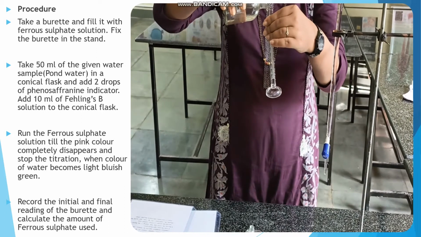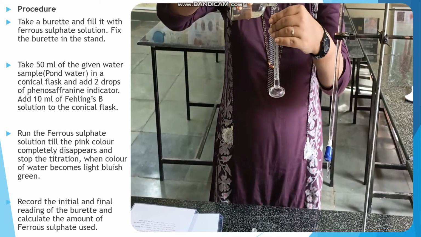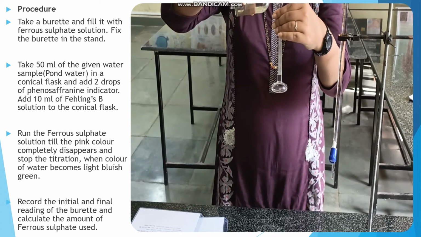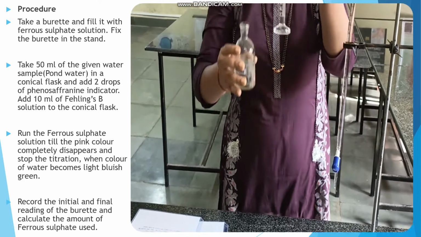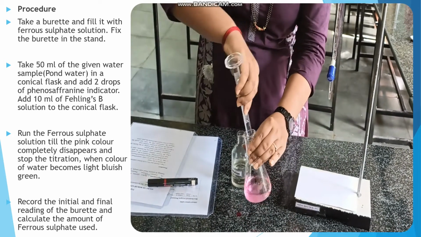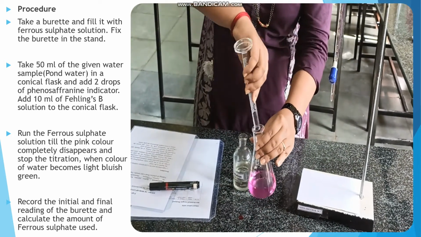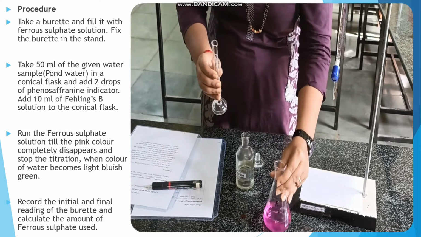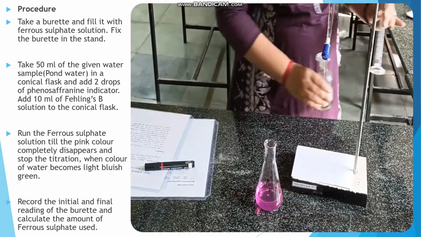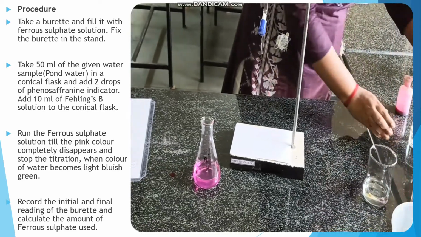So I am taking here 10 ml of Fehling's B solution. You can see once I added this Fehling's B solution, I got a pink color in my flask.